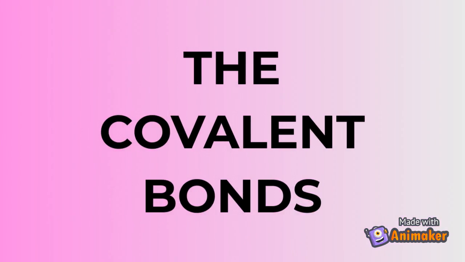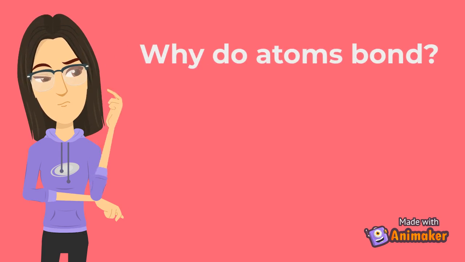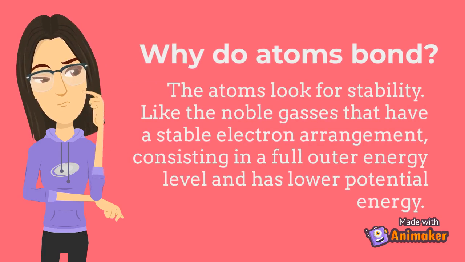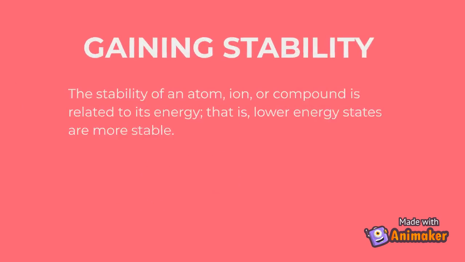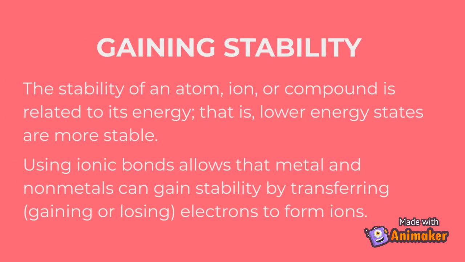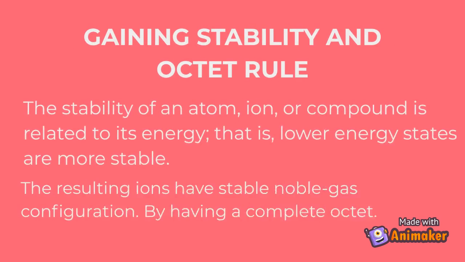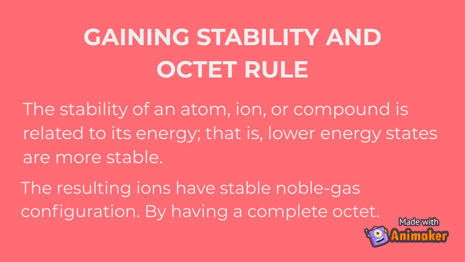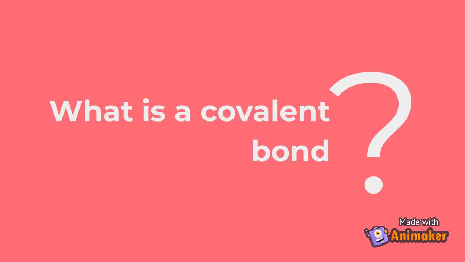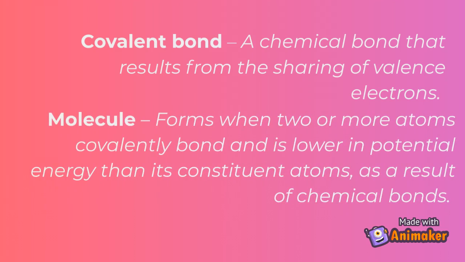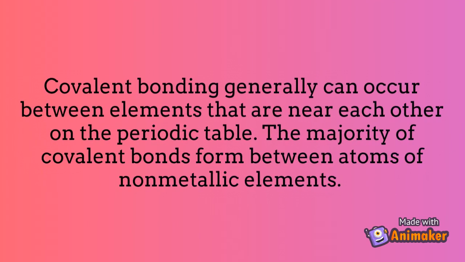Let's discuss covalent bonding. Covalent bonding generally can occur between elements that are near each other on the periodic table.